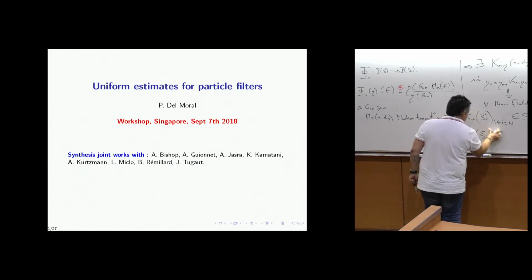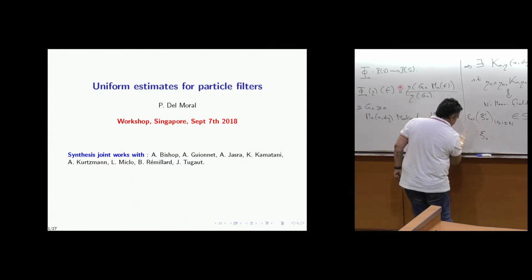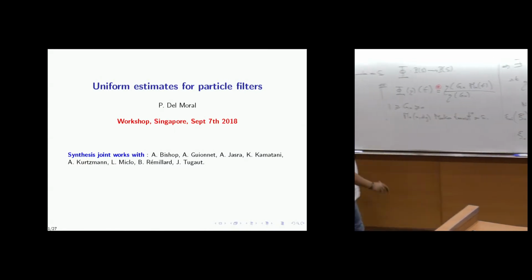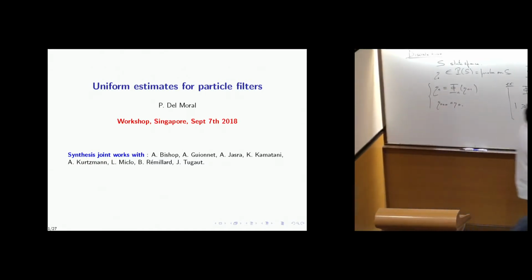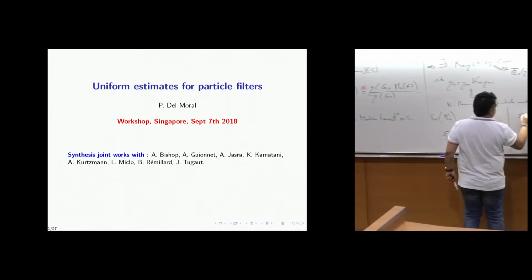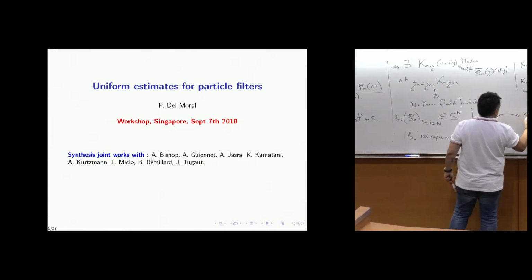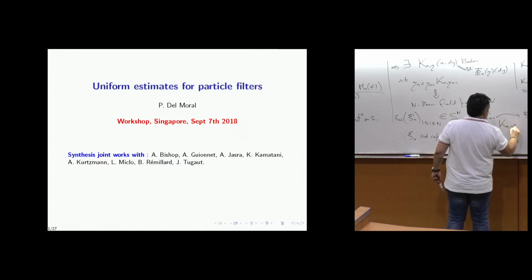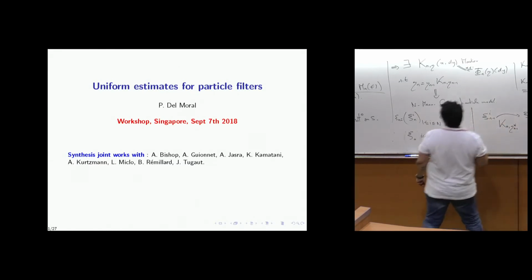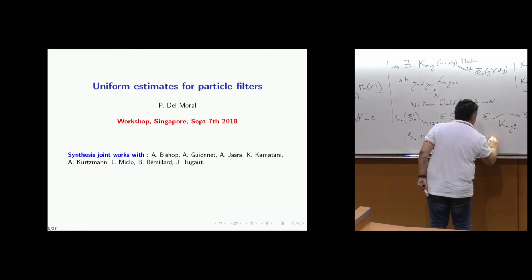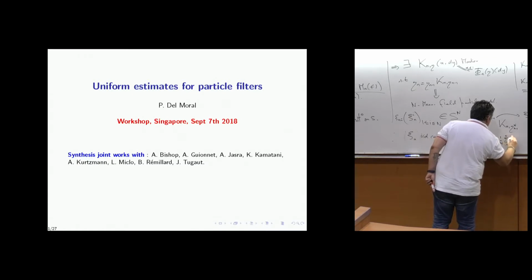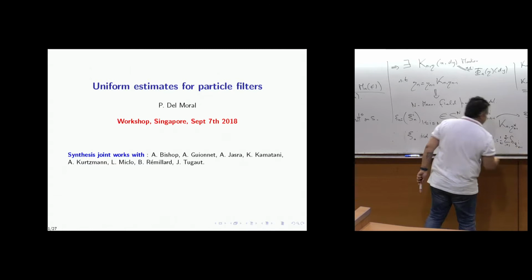So you start with IID copies with the same law eta naught, just to approximate the initial condition. And as soon as you have this, then you sample the chain from this to this, just sampling the transition, where you replace the true law by the empirical law. Okay, so you just do that.